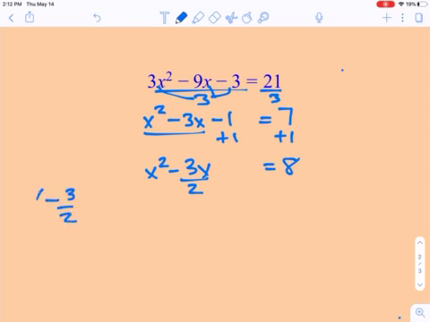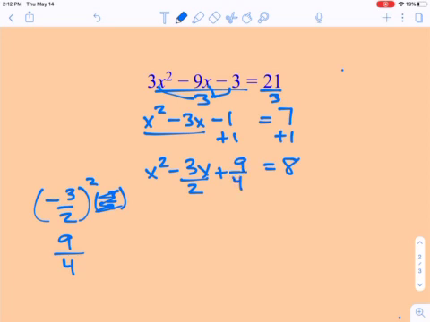And then when I square it, remember, when you square something, you multiply it by itself. So this would be negative 3 halves times another negative 3 halves. So negative 3 times negative 3 gives me 9. 2 times 2 gives me 4. And so I have plus 9/4.